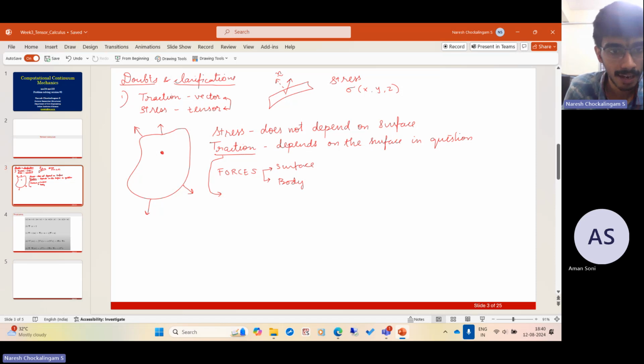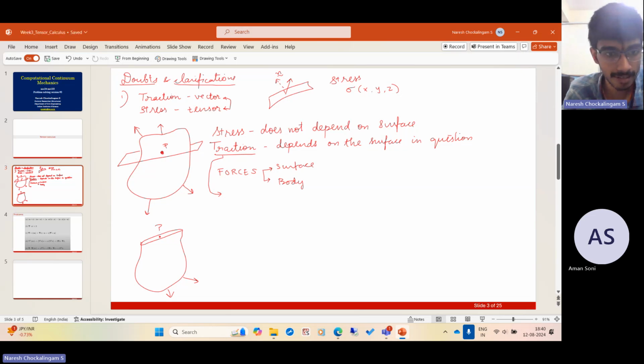So if you take a body and cut it through a plane, this will expose a surface containing that point. Let us call this point P. And now the point which was in the interior is now on the exterior. So there are forces acting on this body. When the entire set of forces are considered, we assumed it is in equilibrium.